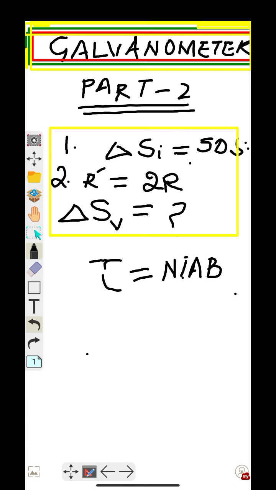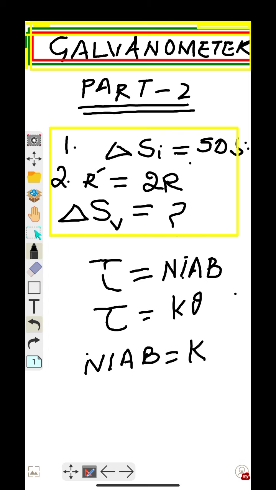Now we know that there will be one more, the restoring torque. This is the torque due to the current in the coil. The restoring torque in the spring can be written as K into theta. At equilibrium, these two torques will be equal. So N I A B will be equal to K theta, where K is the torsional constant of the phosphor bronze wire, or the spring constant of the spring that could be used in the galvanometer.